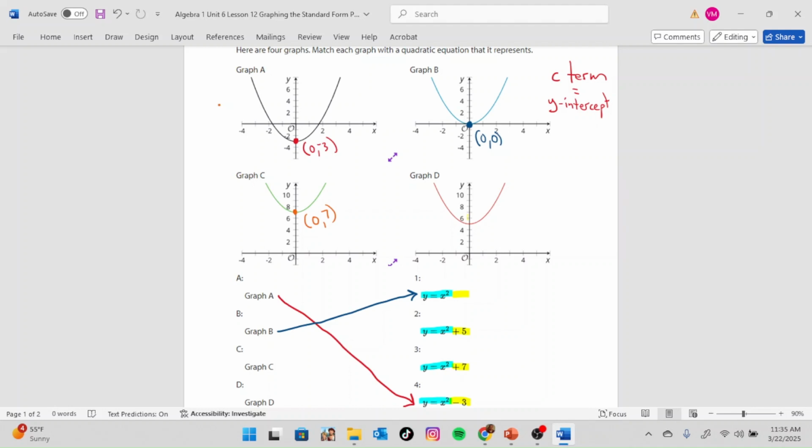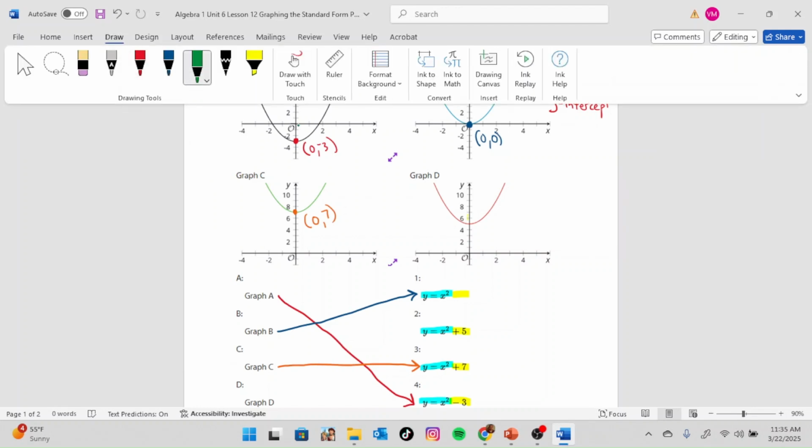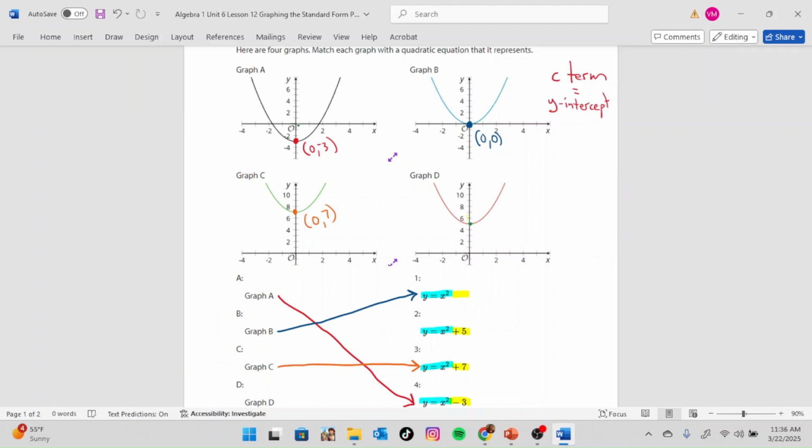So now if I look, that means graph C must match equation 3. And the last one, graph D, we see the y-intercept right here at 0, 5.